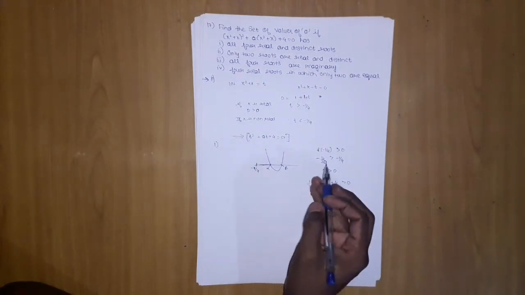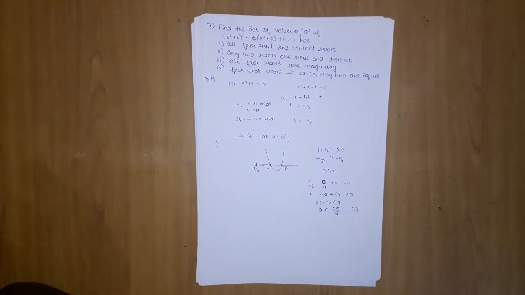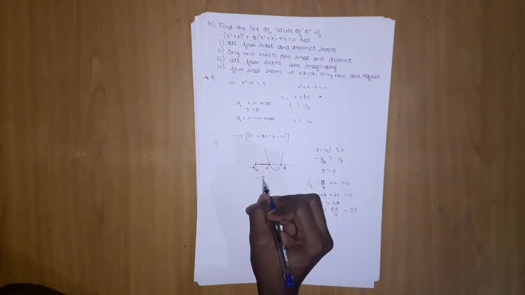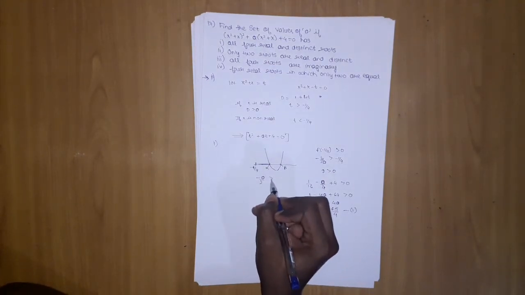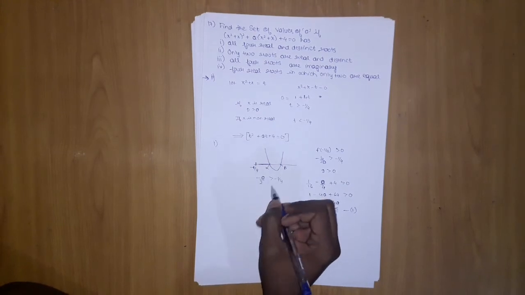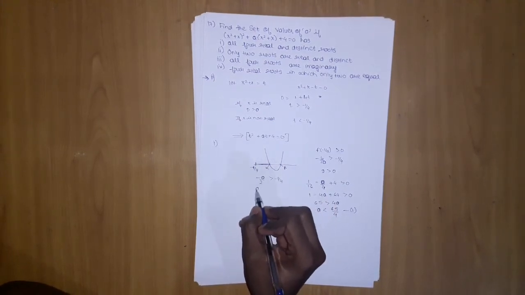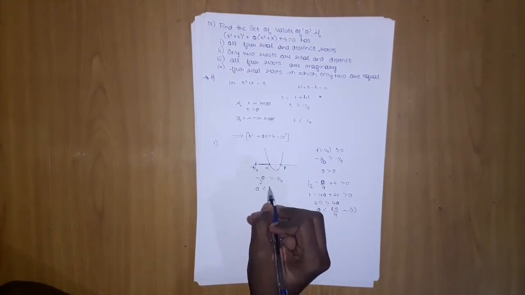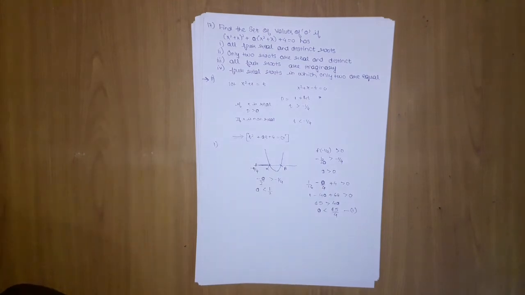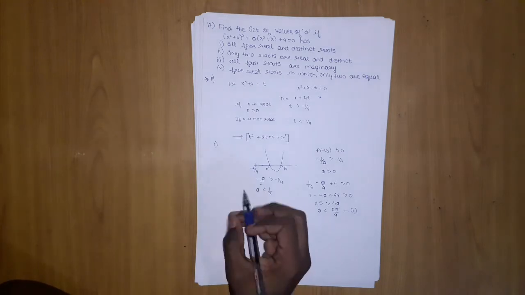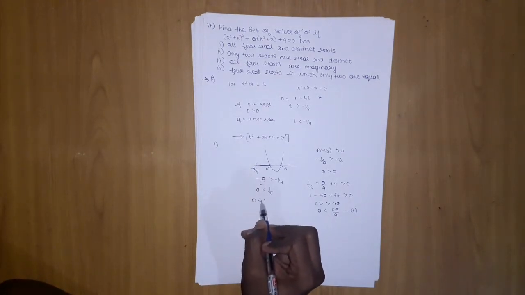Moving on further, minus b by 2a becomes minus a upon 2, which should be greater than minus 1 by 4. If I reverse the sign and divide by 2, a should be less than 1 by 2. Last thing, D should be greater than 0 for roots to be real.